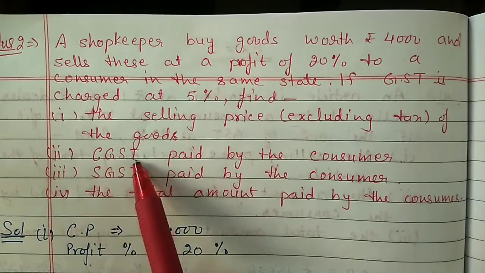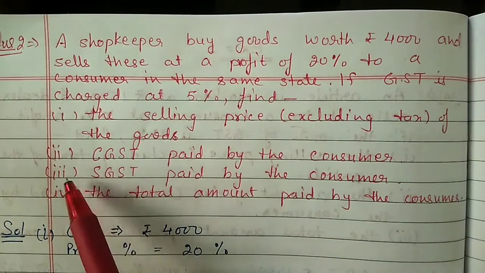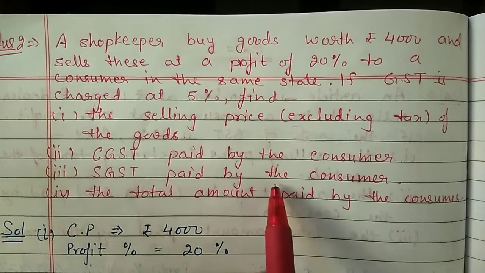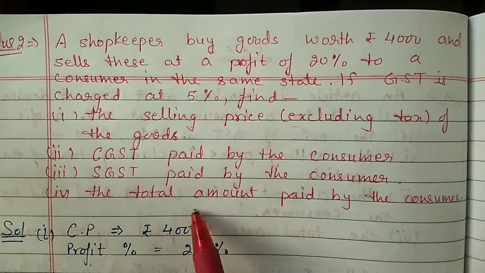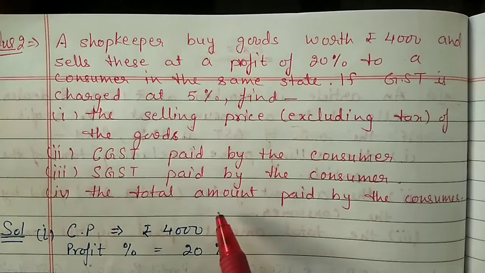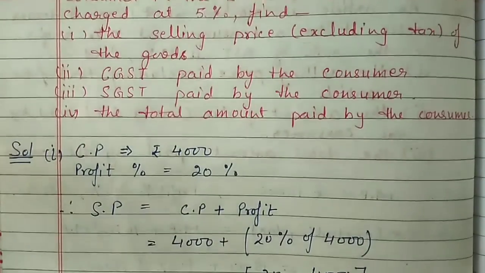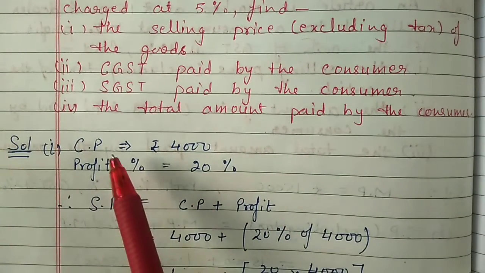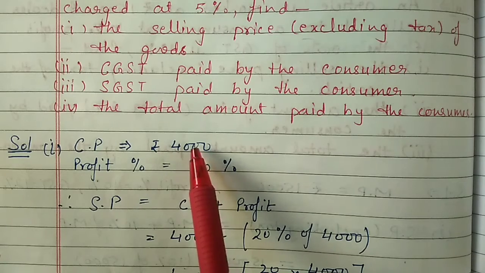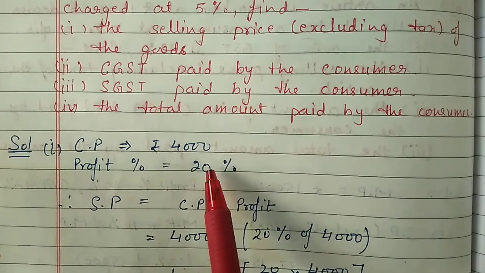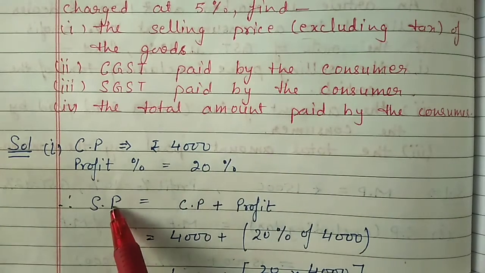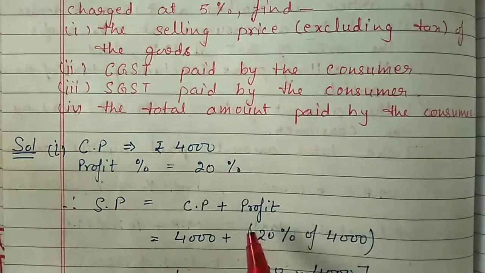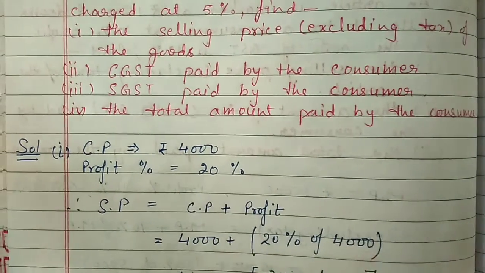Second thing, CGST paid by the consumer. Third one, SGST paid by the consumer. Fourth one, the total amount paid by the consumer. So first, cost price of the item is given here, 4,000, and the dealer is selling it at a 20% profit. So selling price will be 4,000 plus 20% of 4,000.